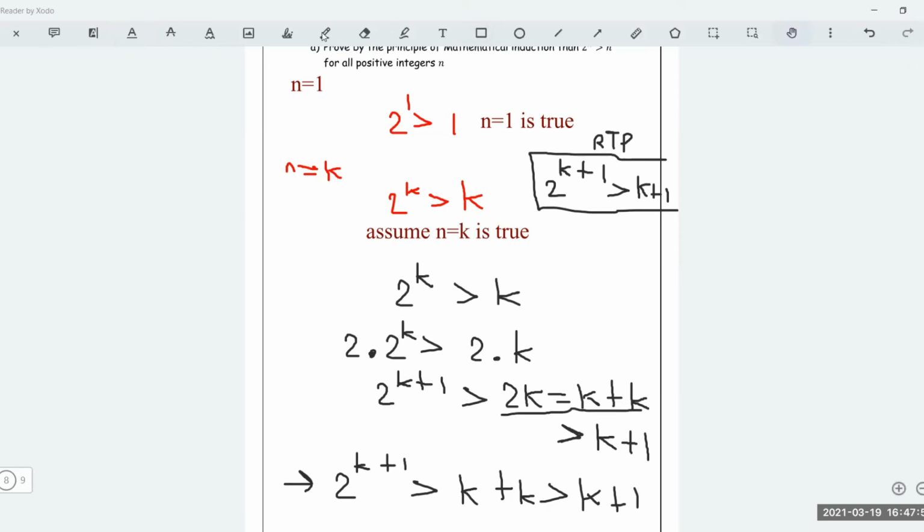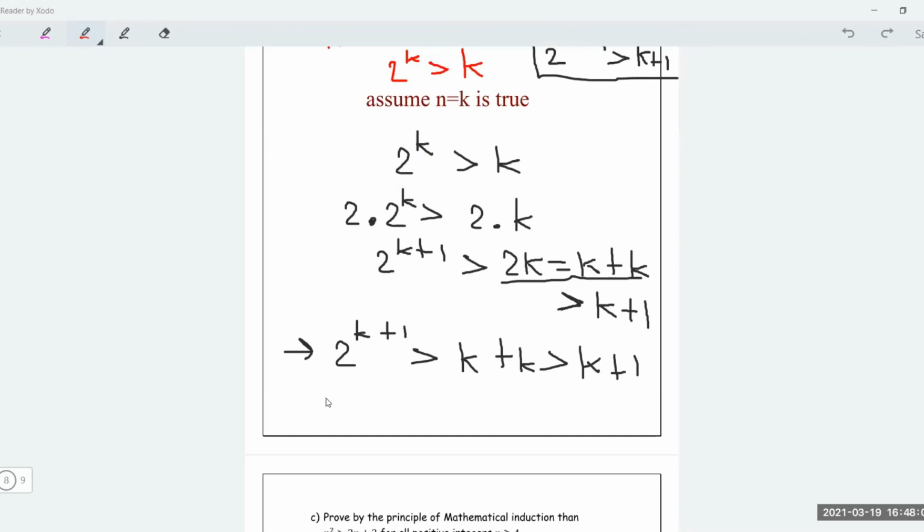I really hope it makes sense. So now you can write that therefore 2 to the k plus 1 is indeed greater than k plus 1. So we've proved what we want to prove. Then you write therefore n equal k plus 1 is true.